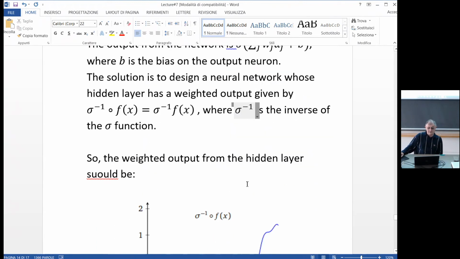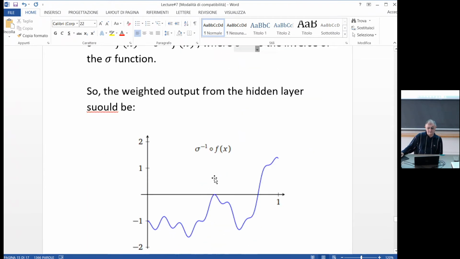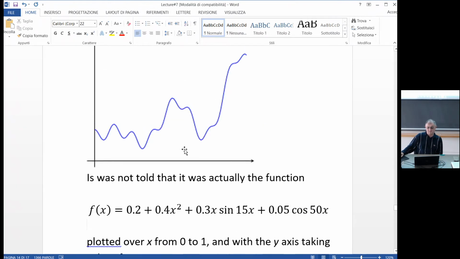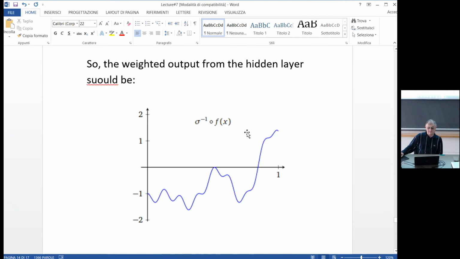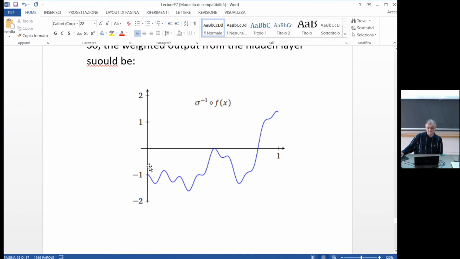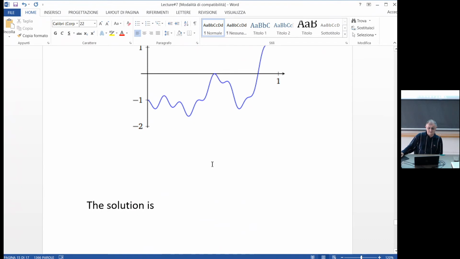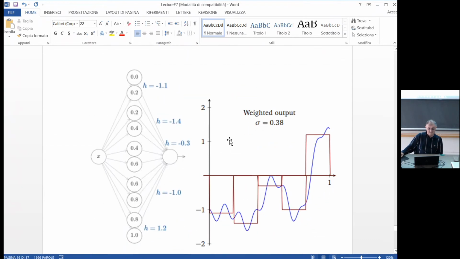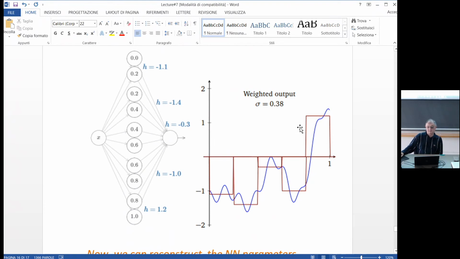So the weighted output from the hidden layer should be sigma minus 1 applied to the function f of x. You see, it, of course, is transformed. Now it has such form. And the solution is the following, you see.